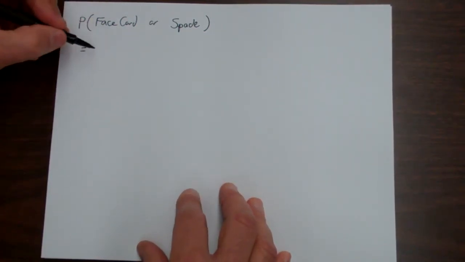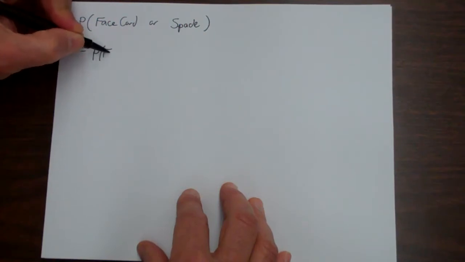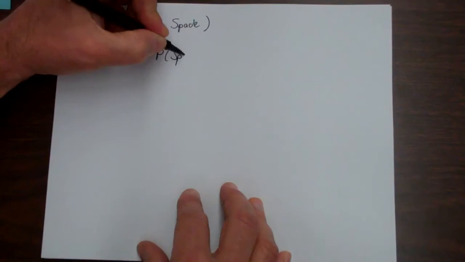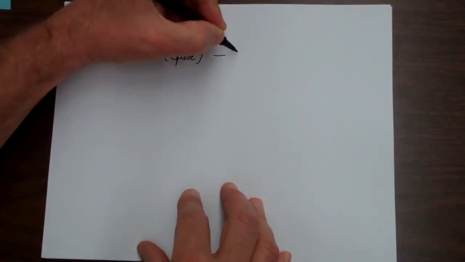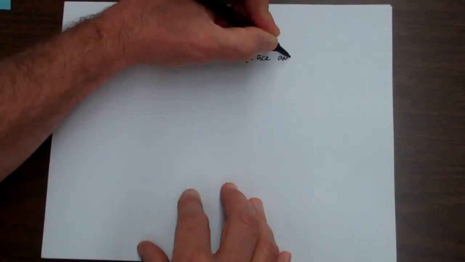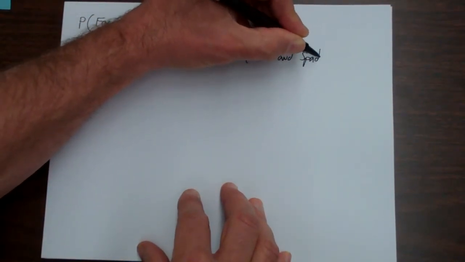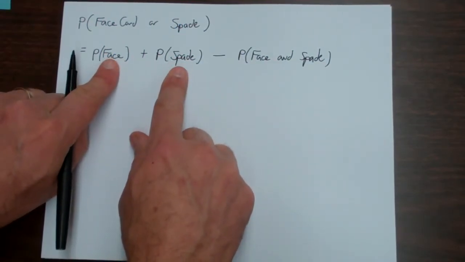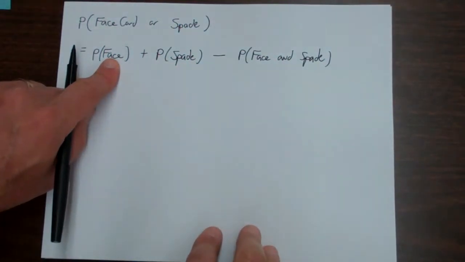If we just plug in the formula, that's the probability of getting a face card plus the probability of getting a spade minus the probability of getting a face card and a spade. We have to subtract that out because if we just add these two, we're double counting face cards that are spades.